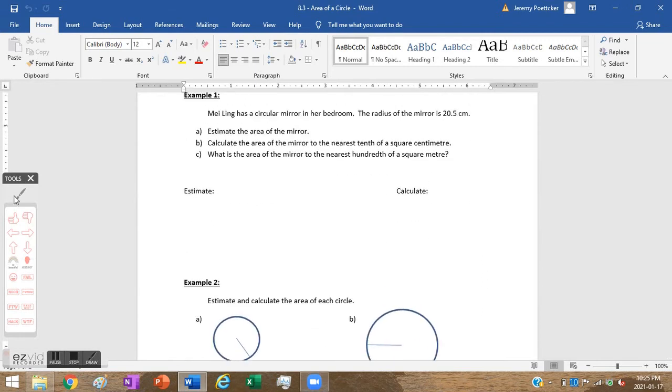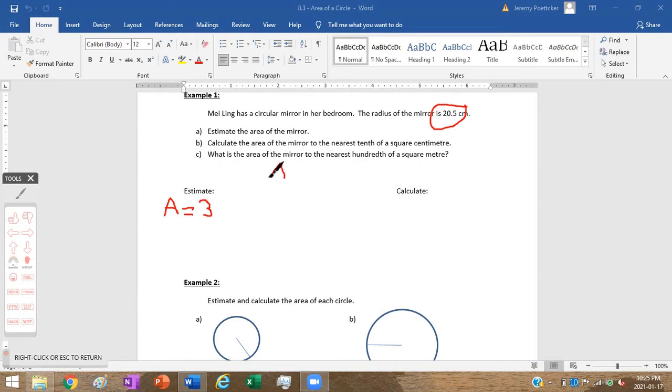So, estimating. Estimating does not just mean guess. Oh, it's about 20. Well, no, there's our radius, 20.5 centimeters. Estimating, we're going to use the formula, but we're just going to round stuff to make it easy. So pi is going to be about 3.